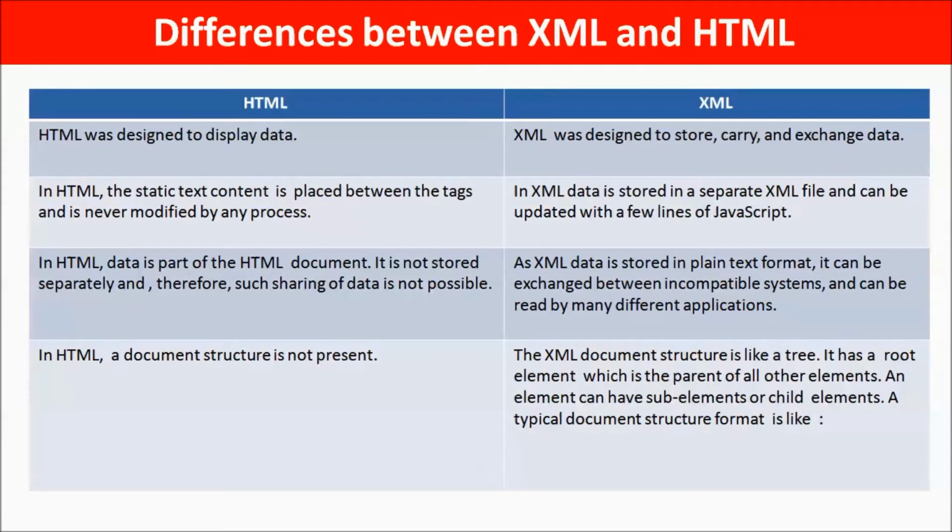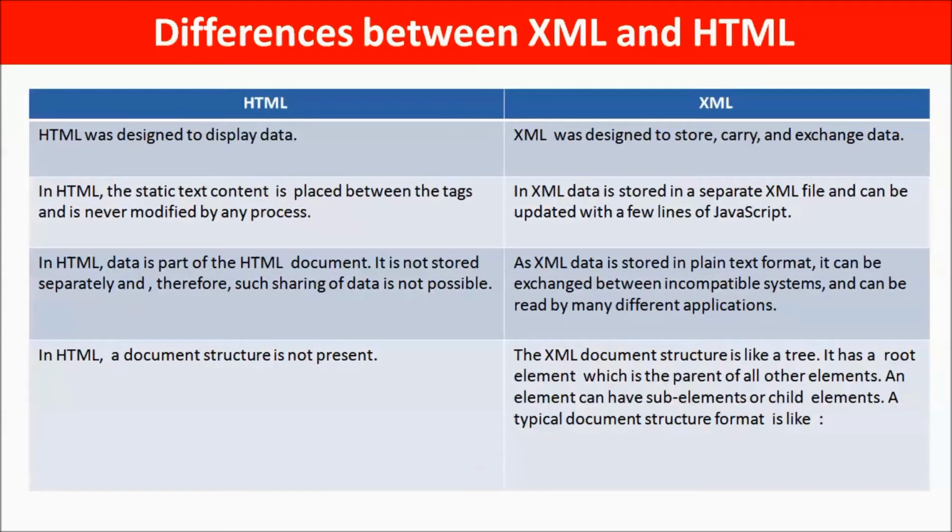Next, in HTML, a document structure is not present. But the XML document structure is like a tree. It has a root element, which is the parent of all other elements. An element can have sub-elements or child elements. A typical document structure format is given in the next slide. So HTML documents do not have a specific structure. But in XML, while creating the XML document, the structure is called a tree structure.